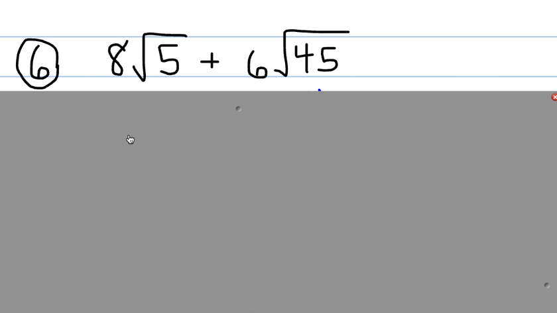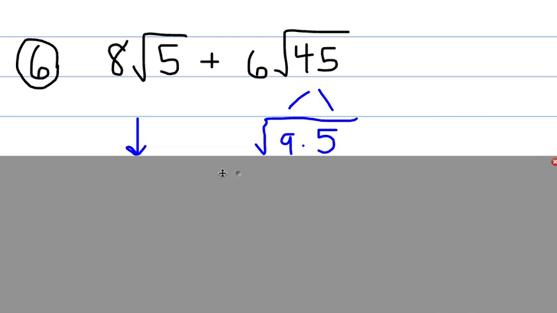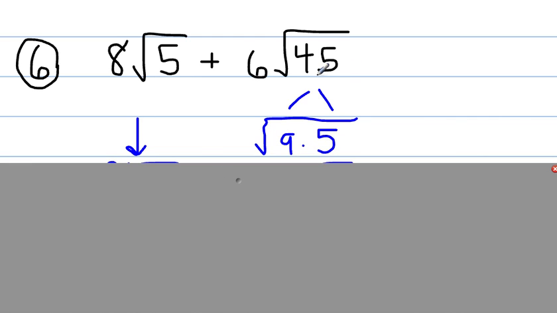Our last example is 8 times the square root of 5 plus 6 times the square root of 45. And 8 times the square root of 5 is simplified, so we can't do much with it at this point. But for 6 times the square root of 45, we should see that 9 is a perfect square within 45, so it's 9 times 5.